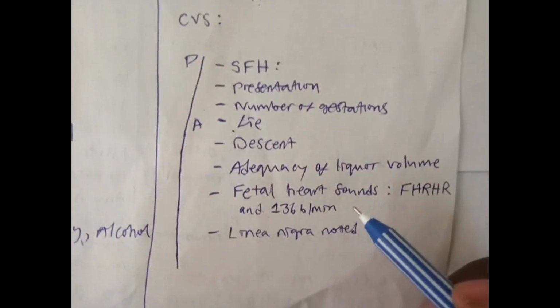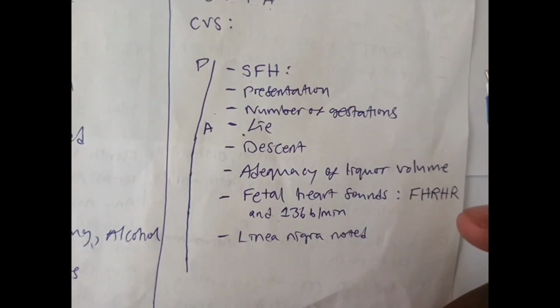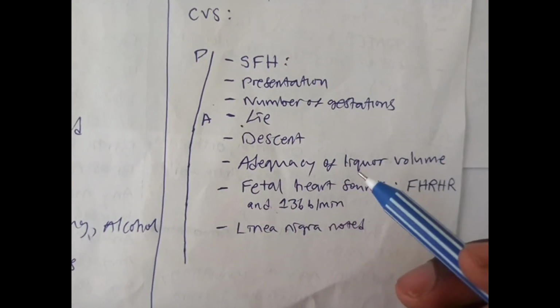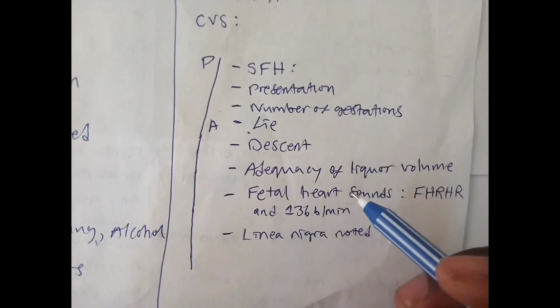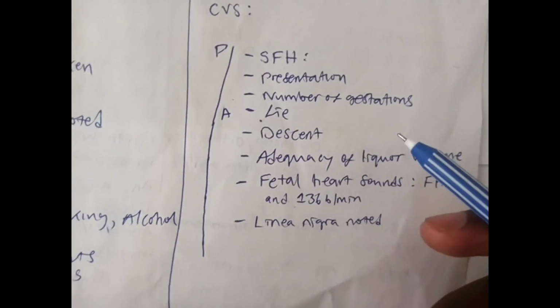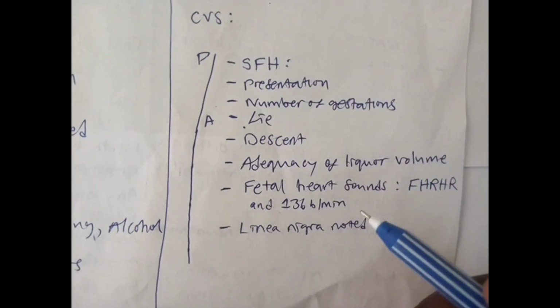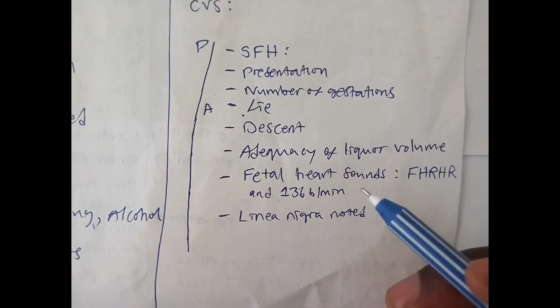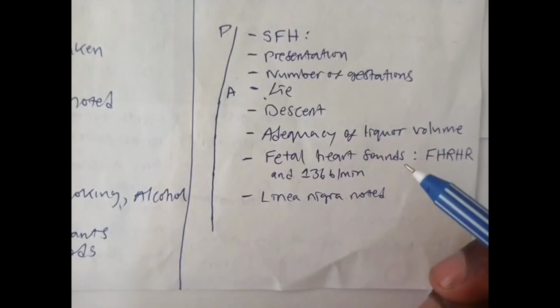But if someone counts for 1 minute, they may find maybe 100, because it's irregular and not following the same pattern. So you can't just count for 30 seconds and multiply by 2. No, you have to count for 1 minute.